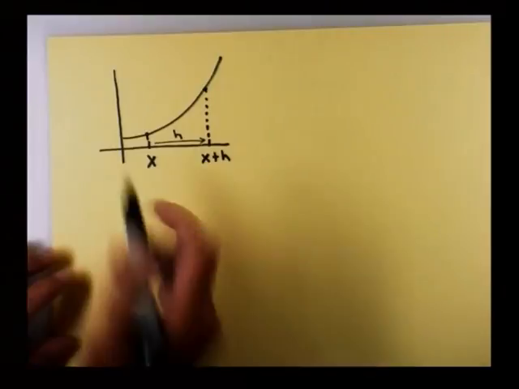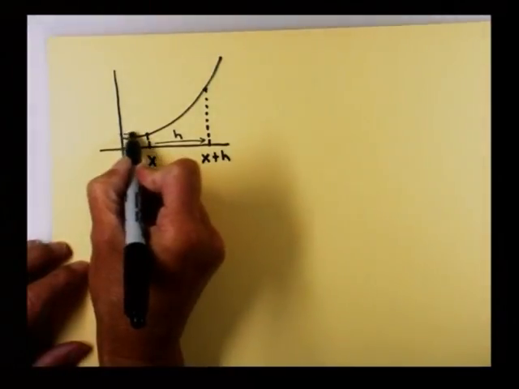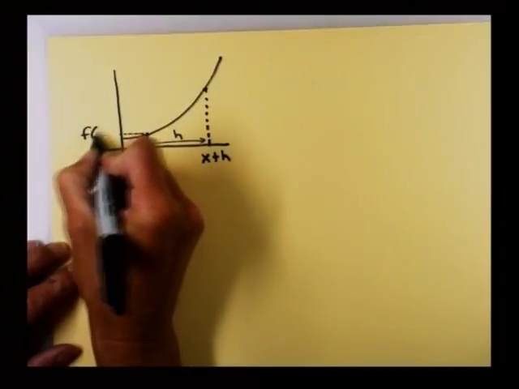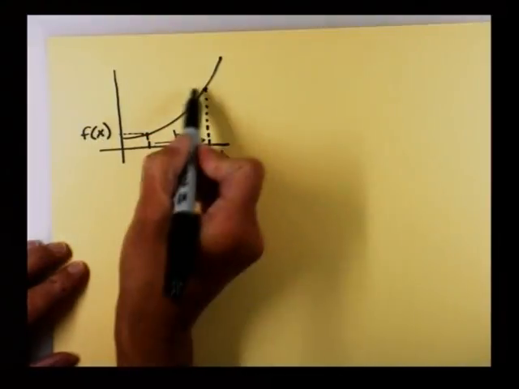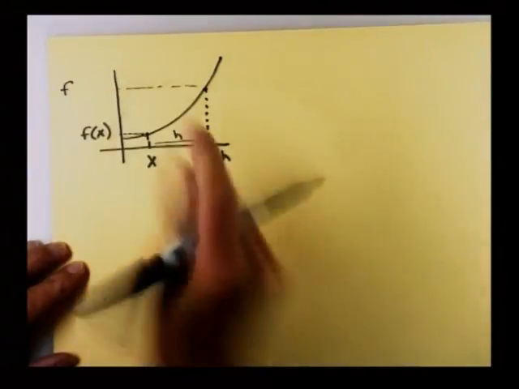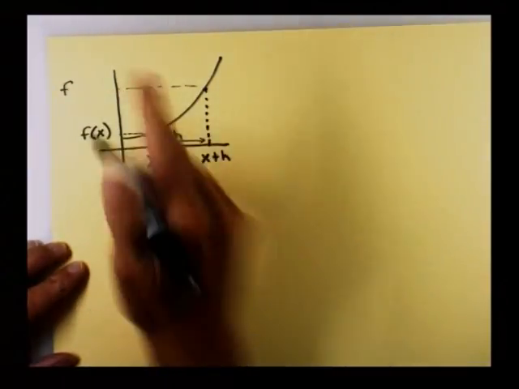My y values for these, like we did on the last one, this is represented as f of x. And this point is f of x plus h.